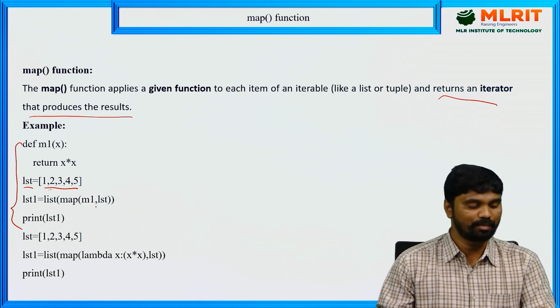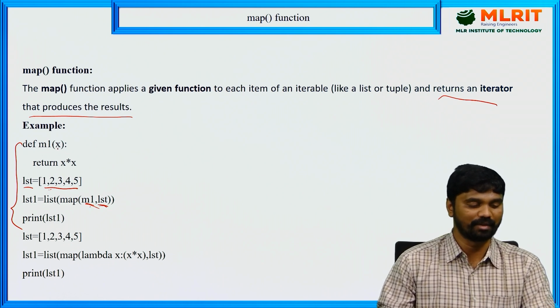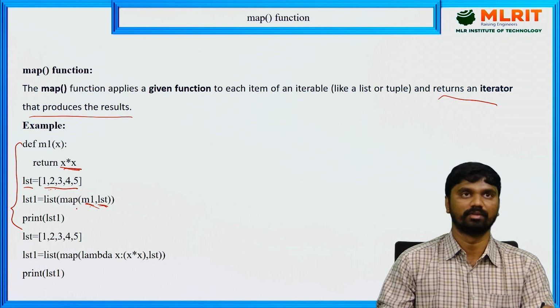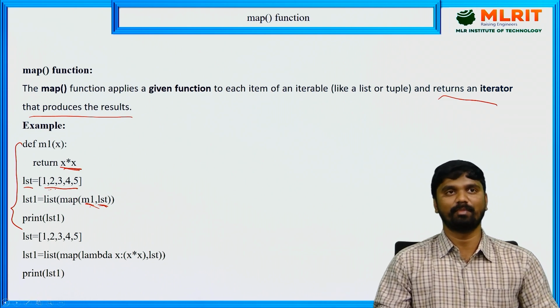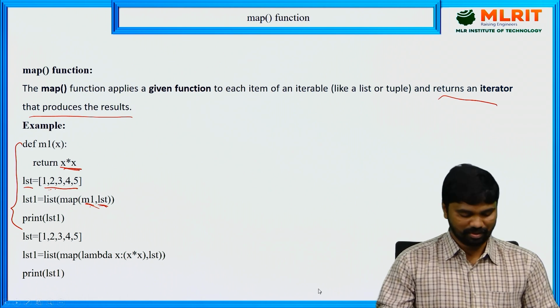For example, the list elements are passed to the M1 function. Now in this M1 function, first is 1, so 1 into 1 returns 1 only. Next, 2 into 2, 4. So the map function is just manipulating the elements. Now we'll see an example.